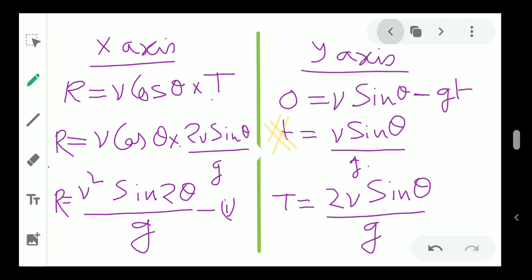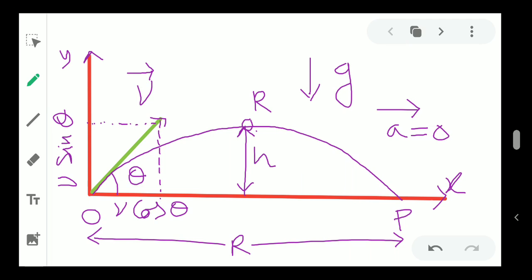Now talking about this one, I told you the time for gaining from O to R and the time for descending from R to P are the same. So let us find this one.